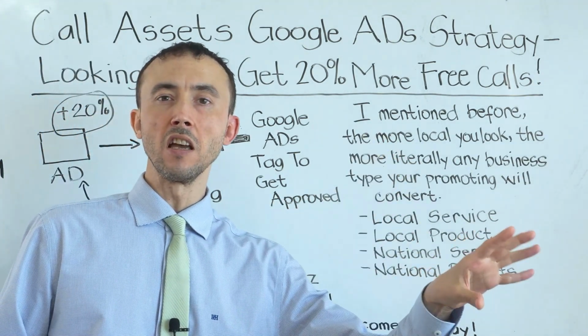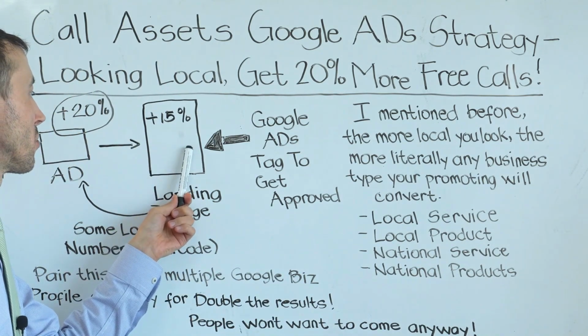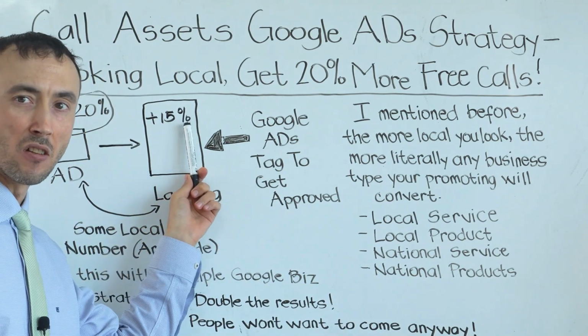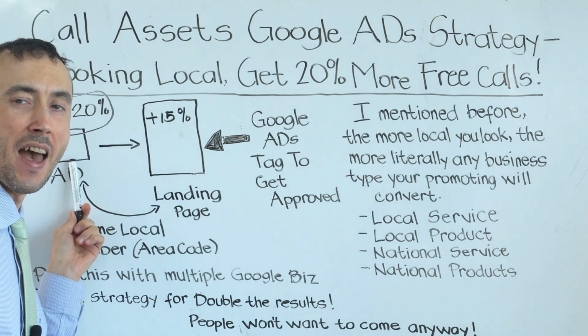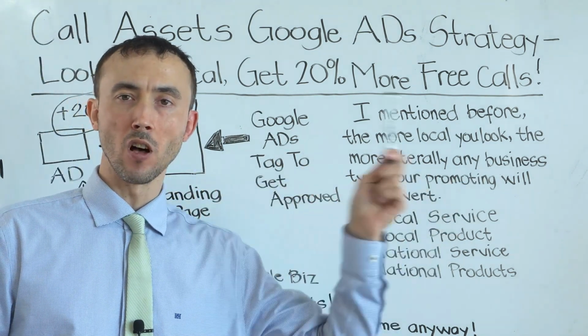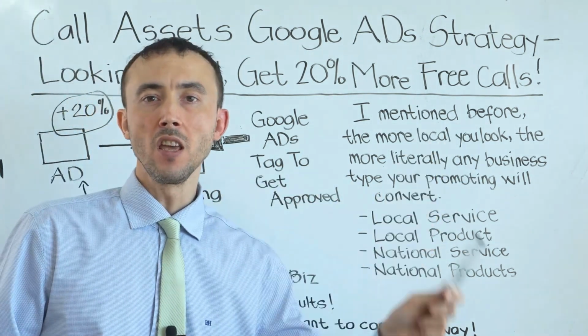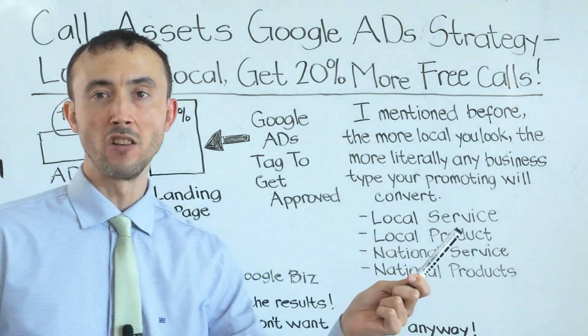Google recently set up a new system where on your landing page or website, there's a tag that you can add to your page to get the phone number on your ad extension, or call asset, as Google calls it now, approved, even though that phone number is not listed on your website, which is what makes this whole strategy possible.